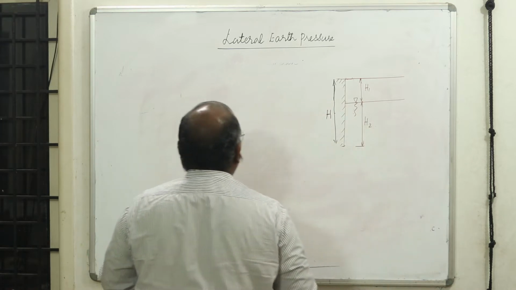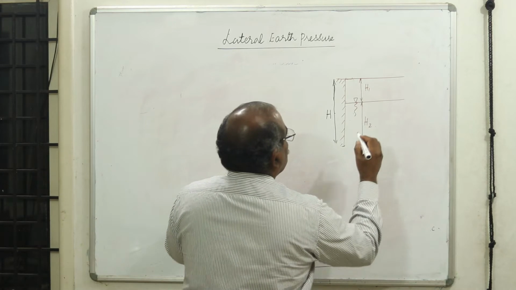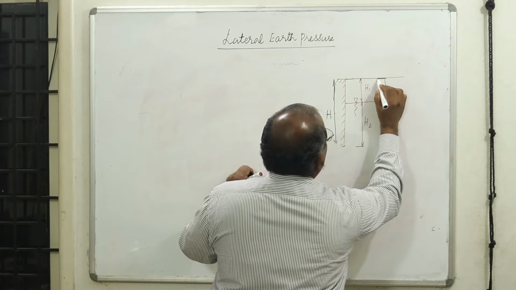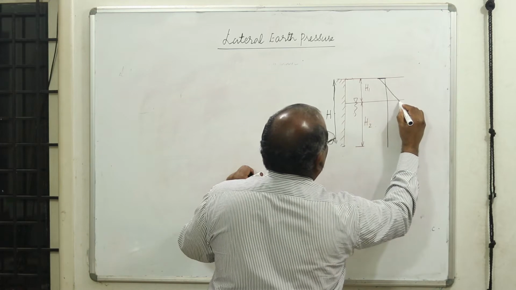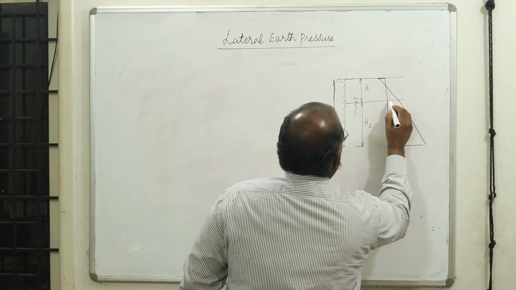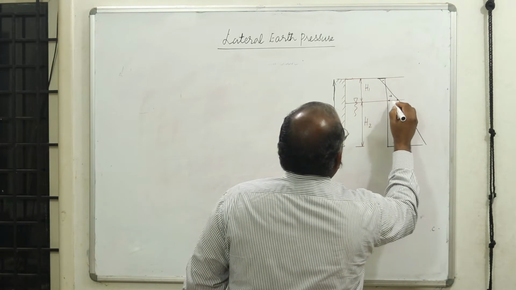In this case, how will be the pressure distribution? This is very clear. We will have some negative pressure distribution. We don't know how it crosses. It goes something like this. Now, what will be this value? This will be negative, this will be positive.